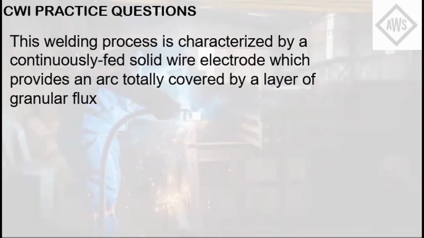This welding process is characterized by a continuously fed solid wire electrode which provides an arc totally covered by a layer of granular flux. So the question is asking what is a welding process that involves a continuously fed solid wire electrode, and as soon as this solid wire is in contact with the base metal, an arc is formed together with a layer of granular flux.